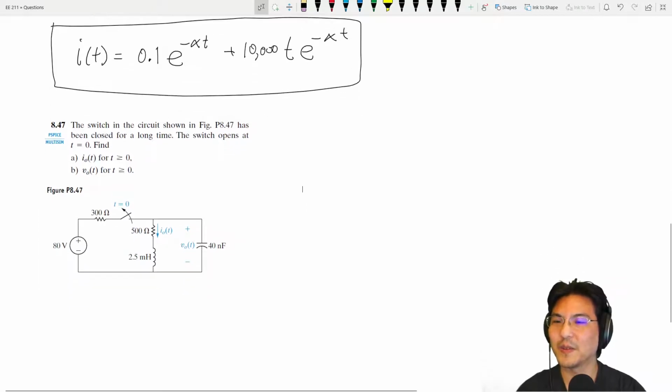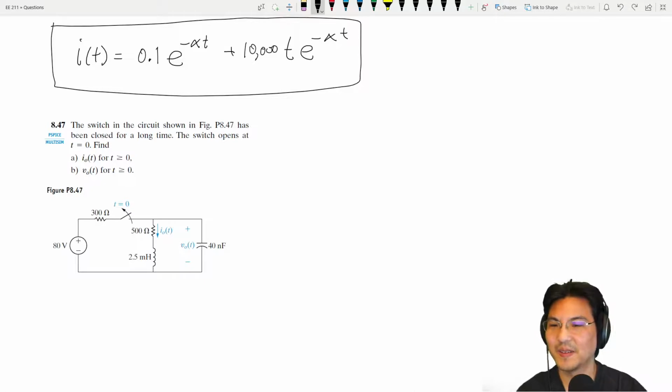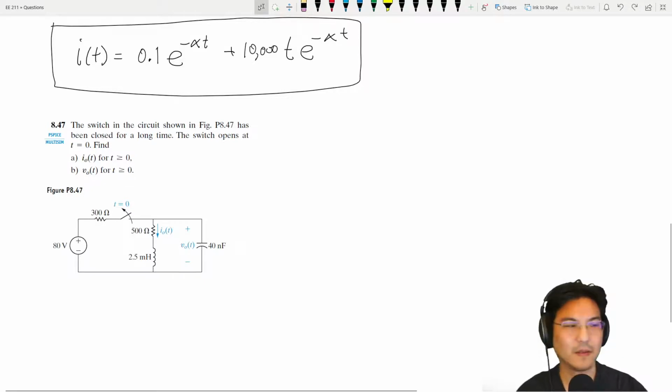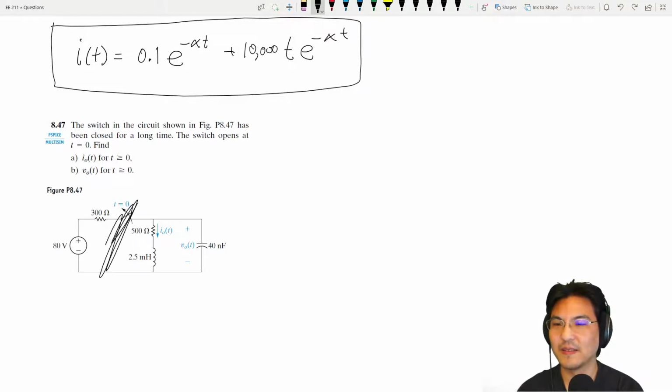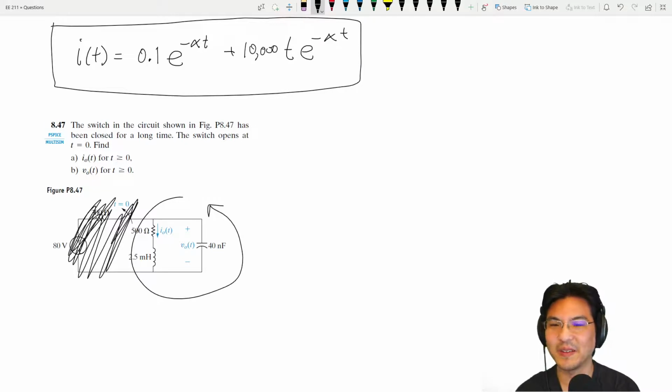All right, so let's solve for the voltage across the capacitor. We're going around, let's say this way, KVL. Let me just write generically, right?